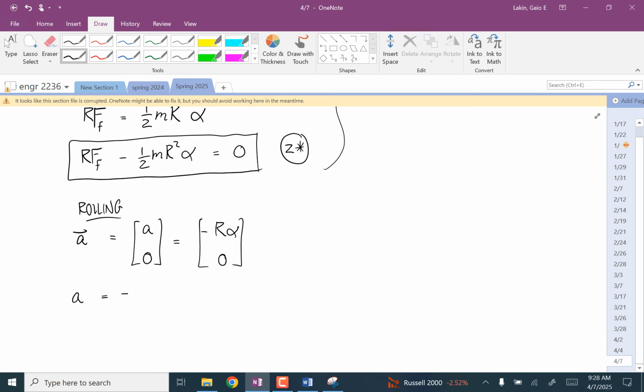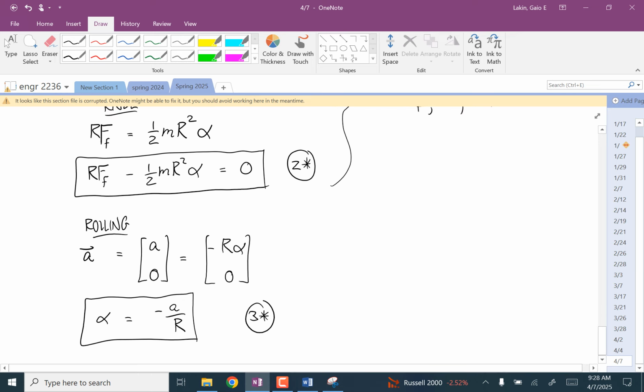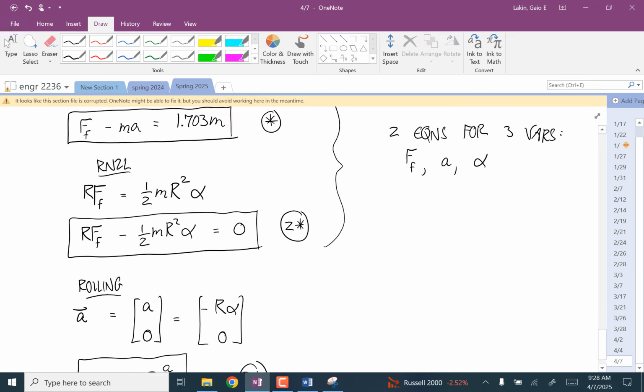I guess we're trying to calculate A, so I'm going to rearrange this and write alpha is equal to negative A over R. That's our third equation. And now it's just a matter of solving these three equations.